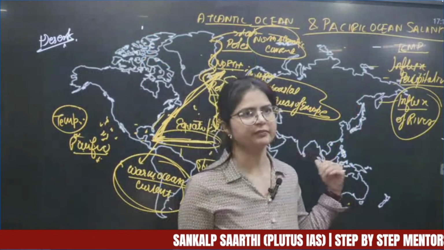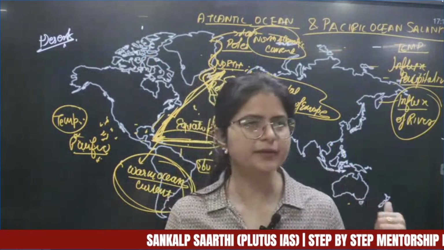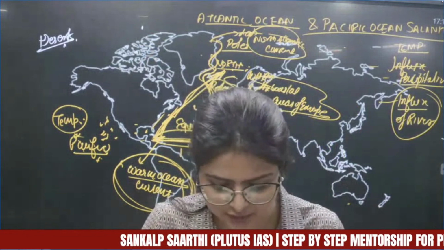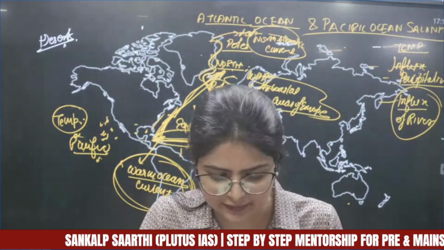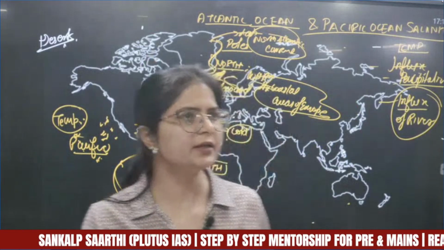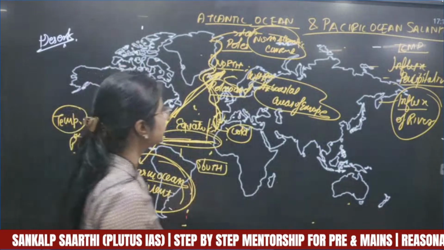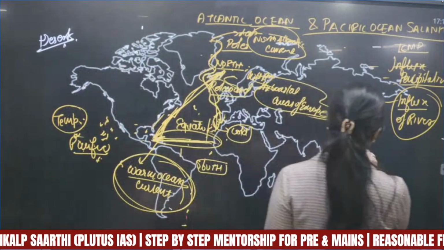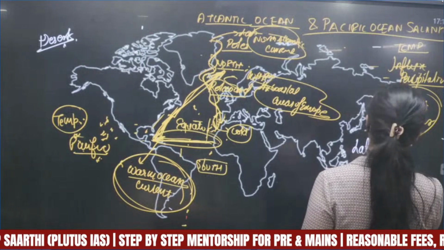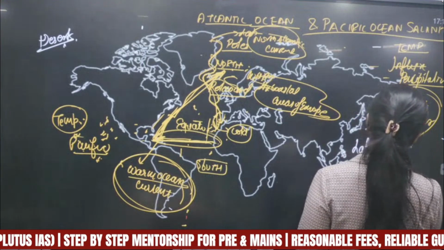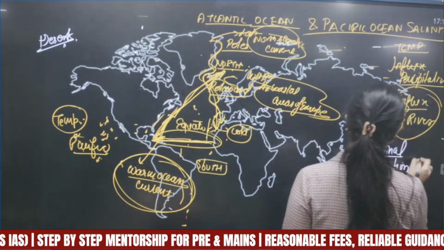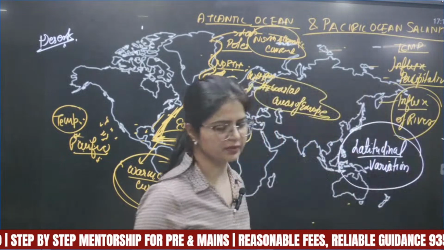Here I have explained to you, only that point I am repeating. Areas at different latitudes experience varying amounts of sunlight and precipitation, leading to differences in salinity. We call this latitudinal variation. Okay.